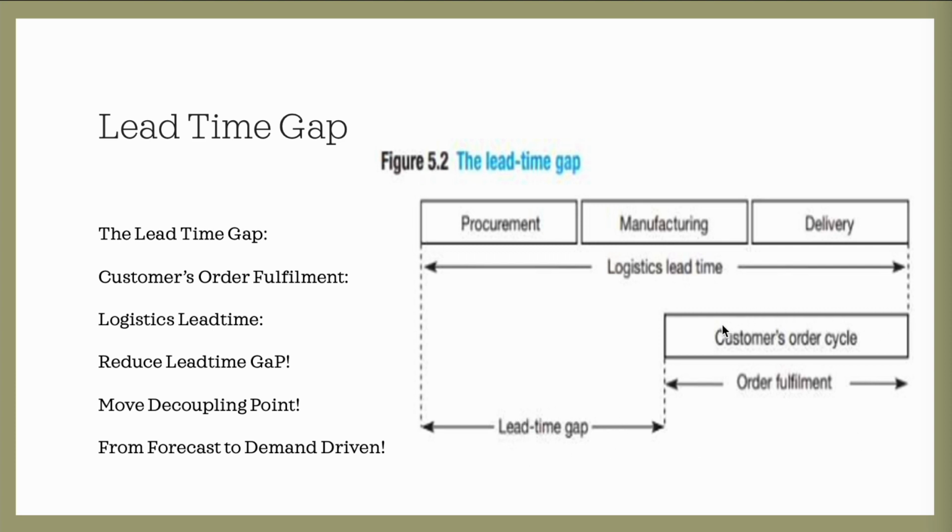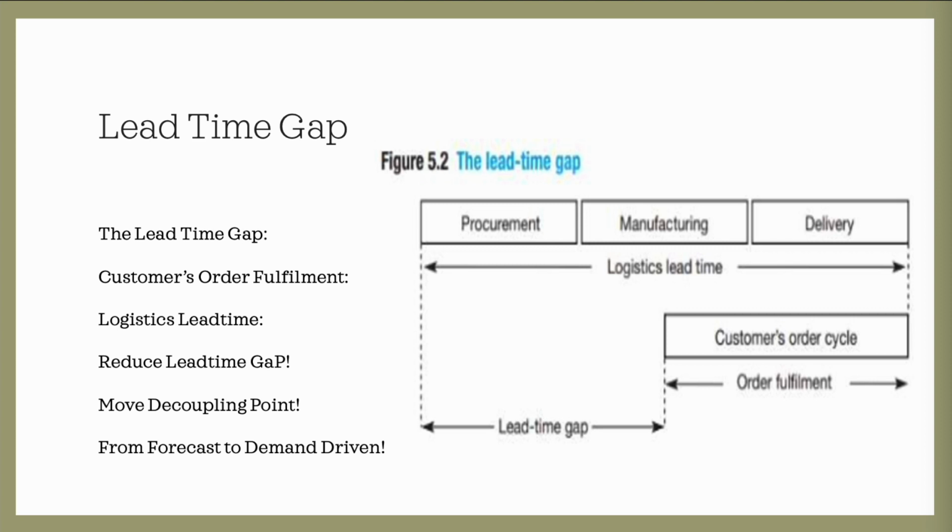The customer order cycle is the time customers are willing to wait for delivery from the time the order is placed until it is in their hands. The product itself can determine whether the customer is willing to wait a long or a short period of time.